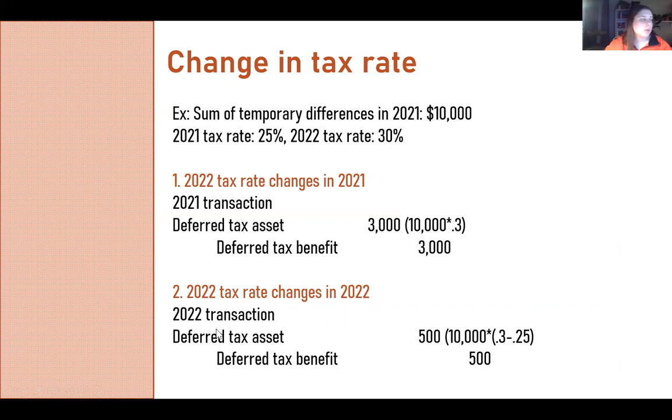So in 2022, as soon as you know that the tax rate changes, you're going to do 10,000 times 30% minus 25%. That's going to give you $500. So in 2021, you have 2,500 in your balance, you're adding $500, and that gives you the same amount as here, $3,000 in your accounts.